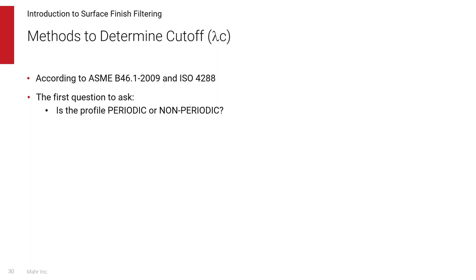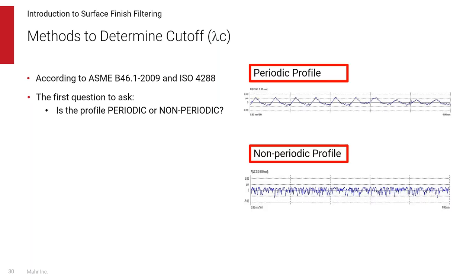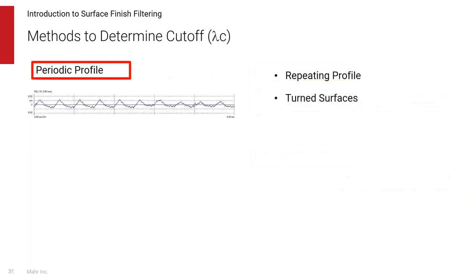And the first question that you have to ask yourself is, is the profile a periodic or a non-periodic profile? And what does that mean? Well, a periodic profile is very regular. You can see the top one, you can see maybe distinct tool marks. It's a very repetitive pattern. A non-periodic profile is more random. You can just kind of look at it and say it's repeatable or it's not repeatable.